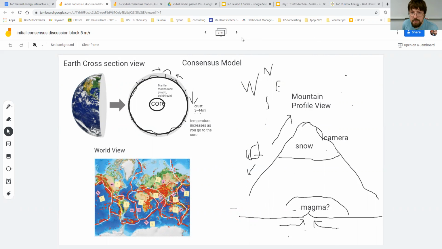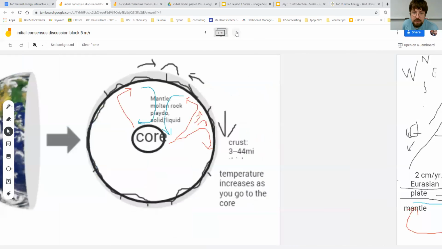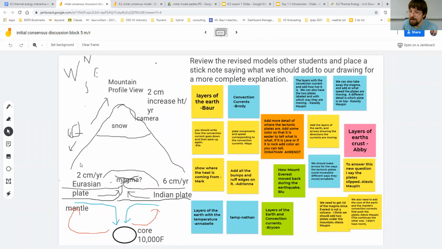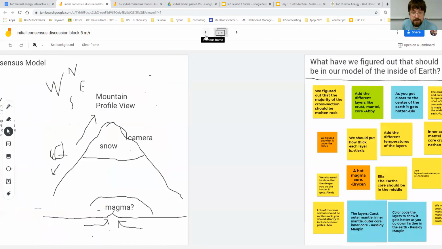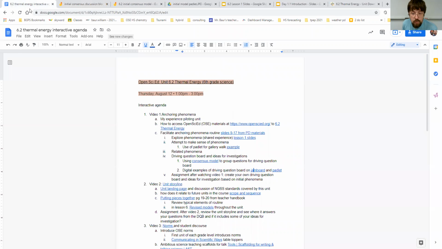We have it represented in a couple different ways. Later in the unit, we added more things and revised our model, because we'd done some experiments and investigated some of the questions that we came up with here. So that's one example of me using Jamboard.